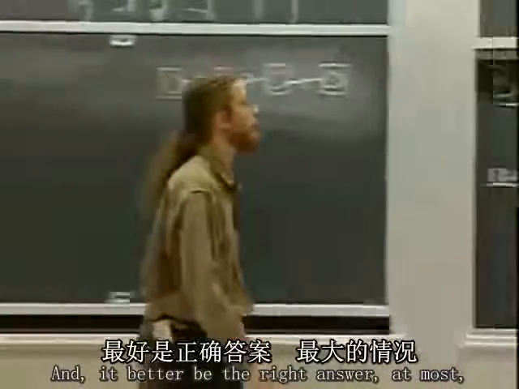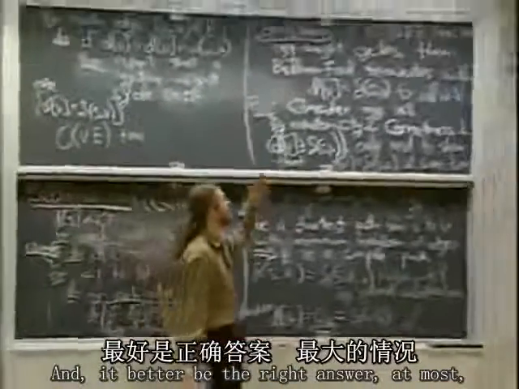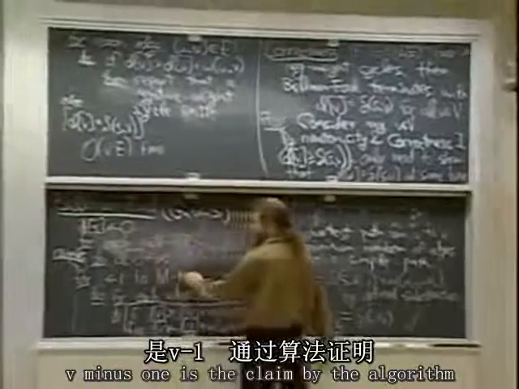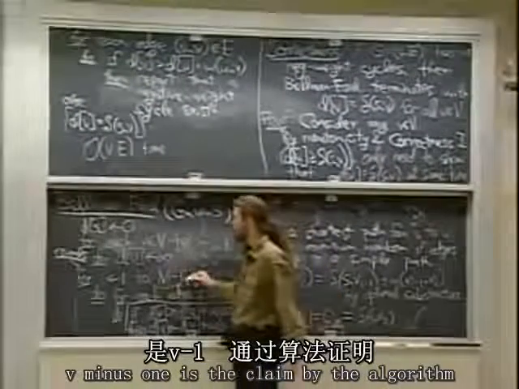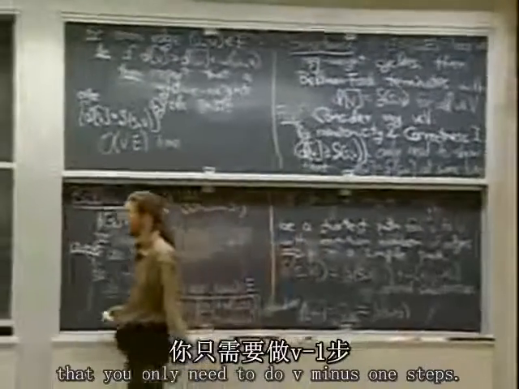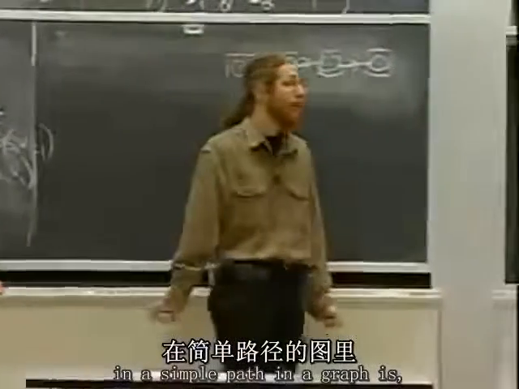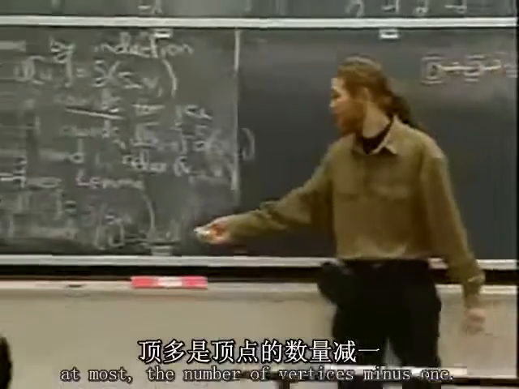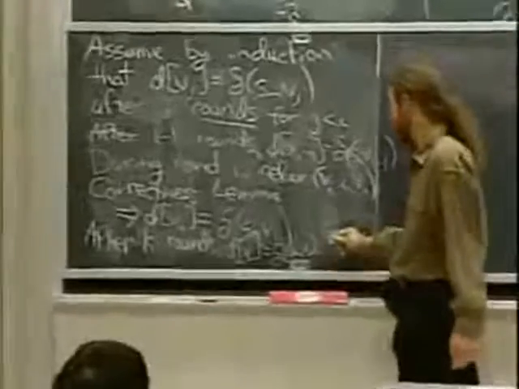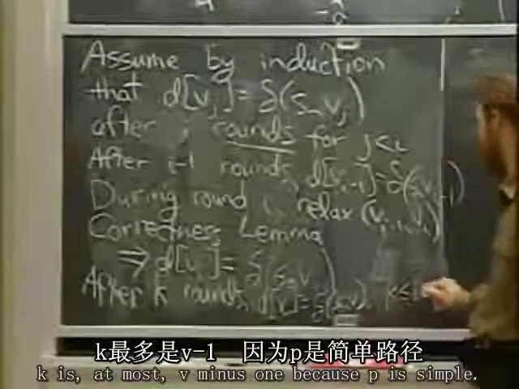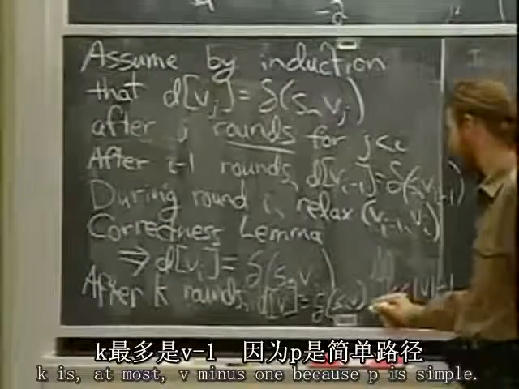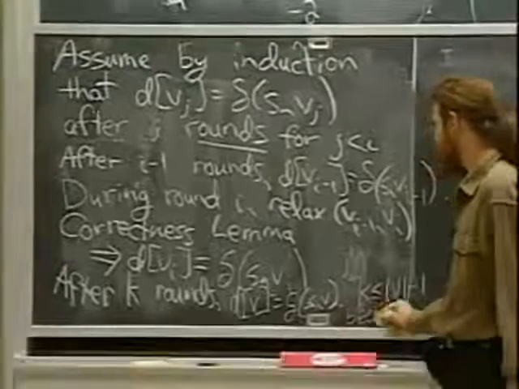And it better be the right answer, at most v minus 1. It's the claim by the algorithm that you only need to do v minus 1 steps. And indeed, the number of edges in a simple path in a graph is at most the number of vertices minus 1. k is at most v minus 1 because p is simple.